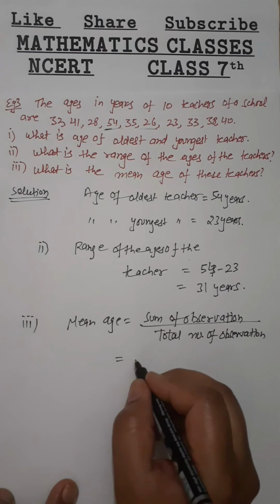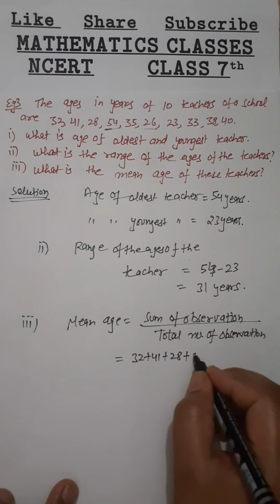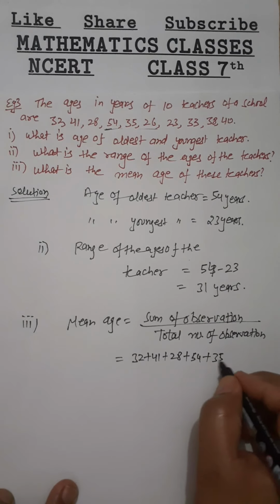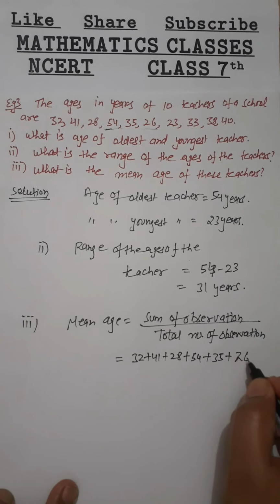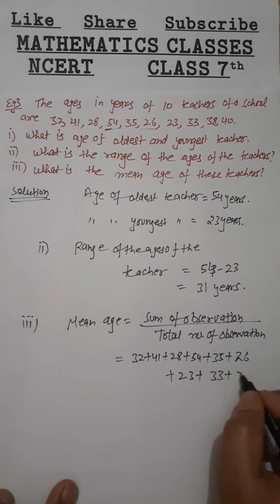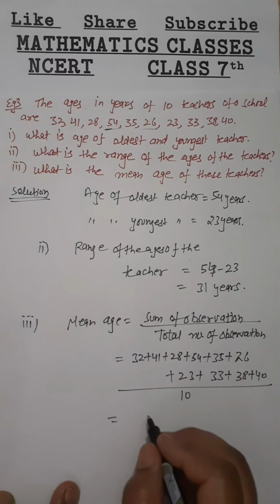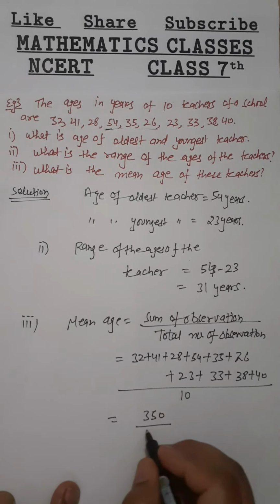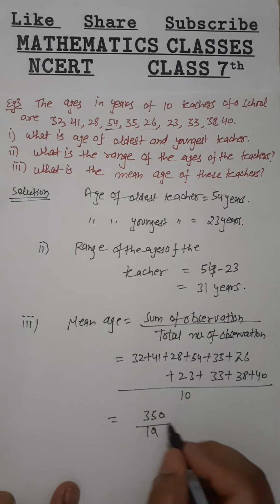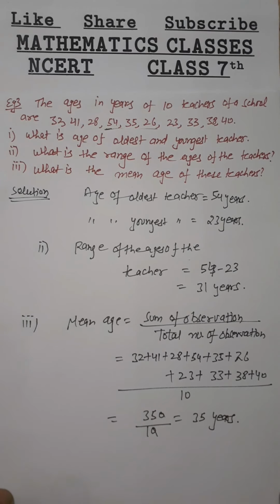Sum of observations means 32 plus 41 plus 28 plus 54 plus 35, 26 plus 23 plus 33 plus 38 plus 40 by how many teachers? 10. Add. After adding it becomes 350 by 10 makes 35 years.